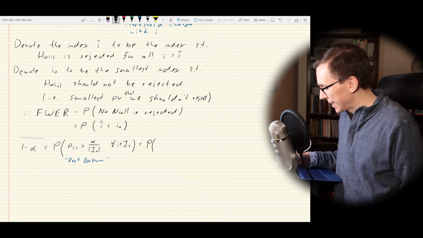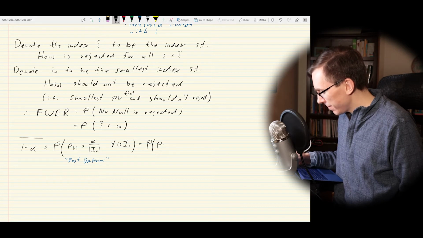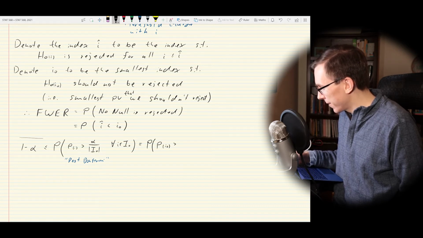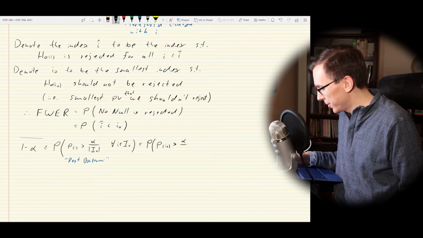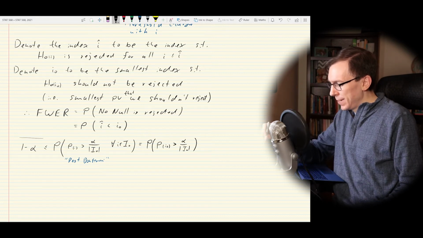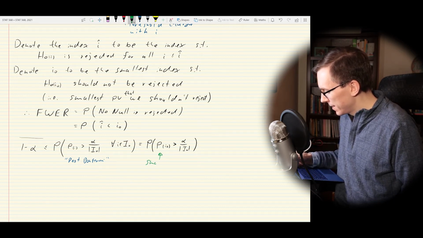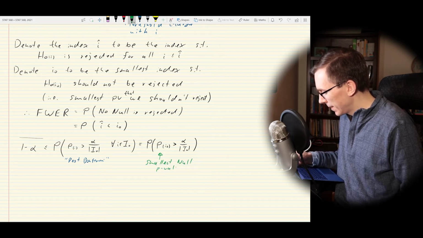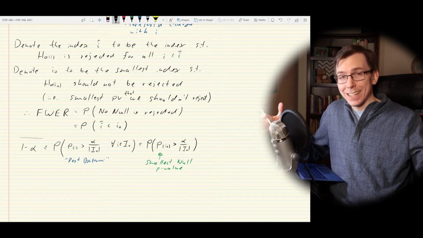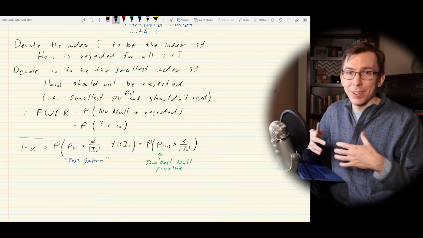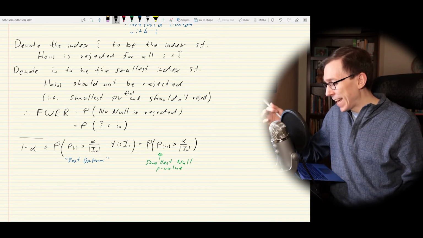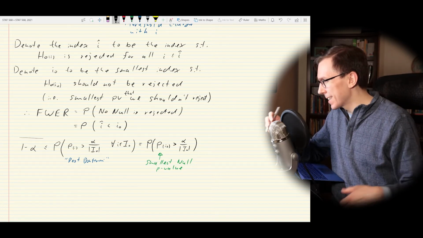This just has to be the probability that p I naught is greater than our rejection threshold, because this is the smallest null p-value. The point is that if we don't reject the smallest null p-value, we're not going to reject any others. So that's why these are equivalent statements probabilistically.